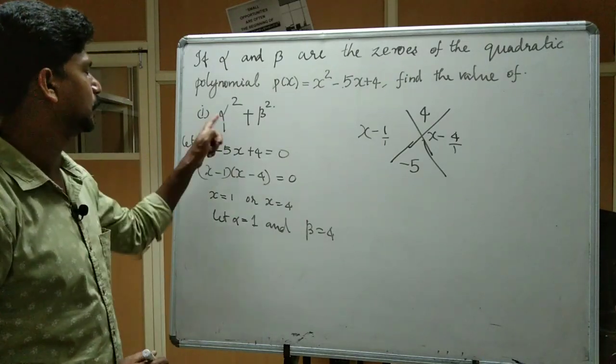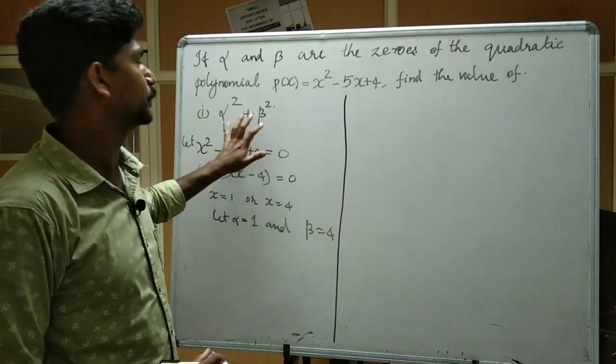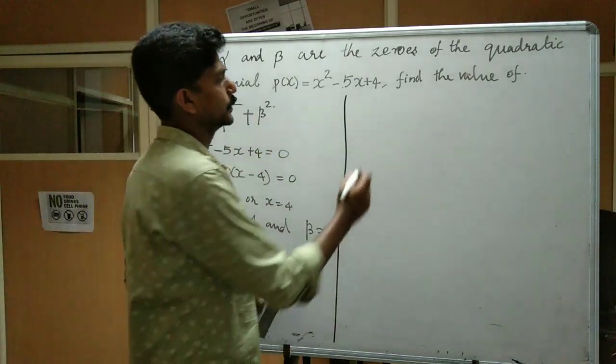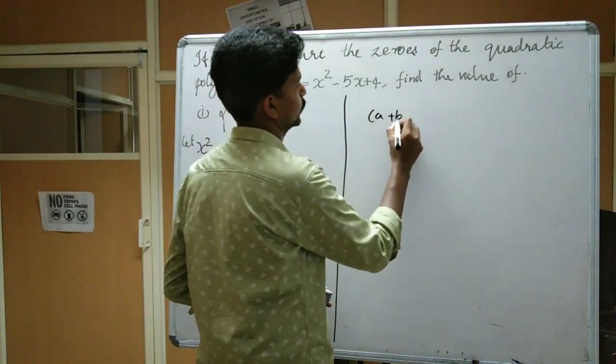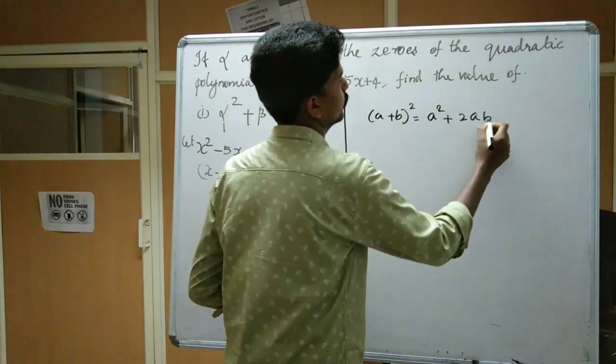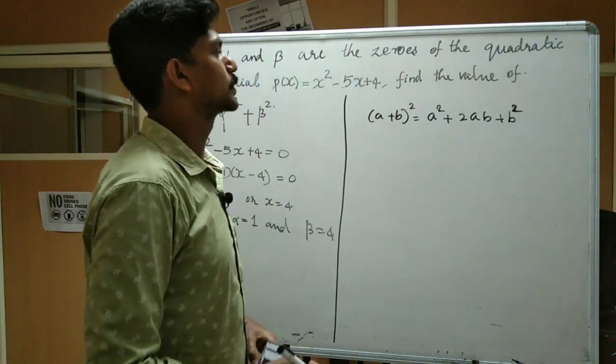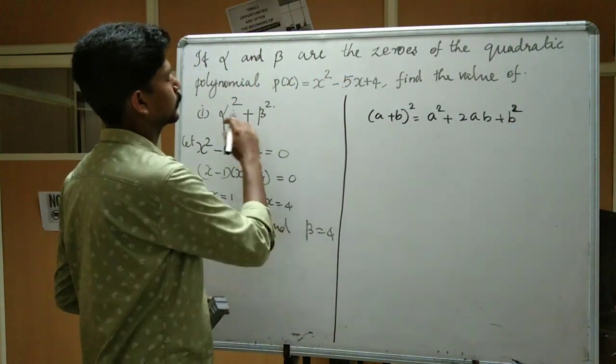Now let us find the alpha square plus beta square value. We are going to get this from an identity, a plus b whole square is equal to a square plus 2ab plus b square. Instead of a and b we can write alpha and beta.